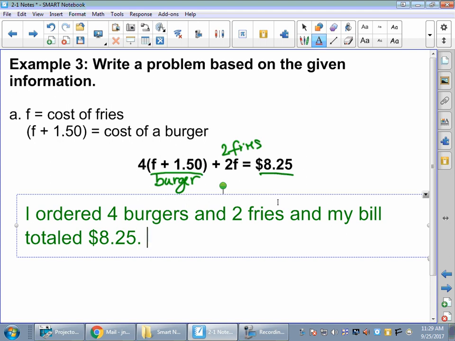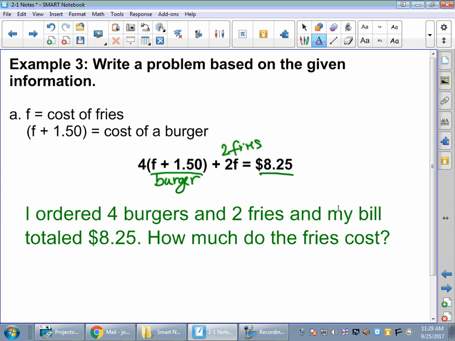That's the problem. Maybe you could say, how much do the fries cost? You might ask how much the burger costs. It all is based on the fries price. So that's one example of just using the equation, making sense of it in real life.